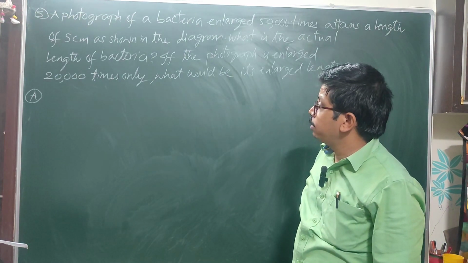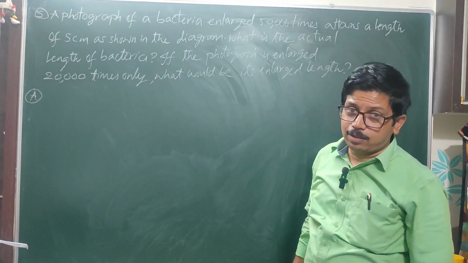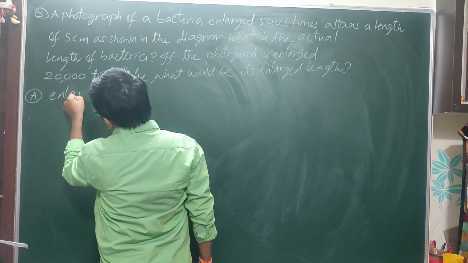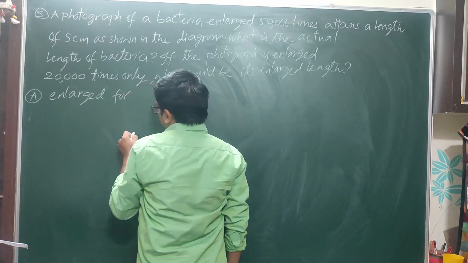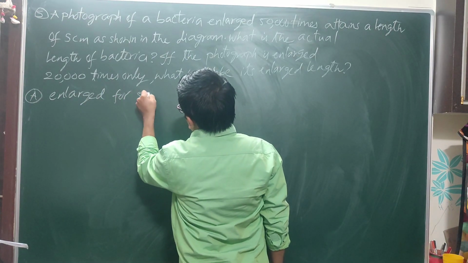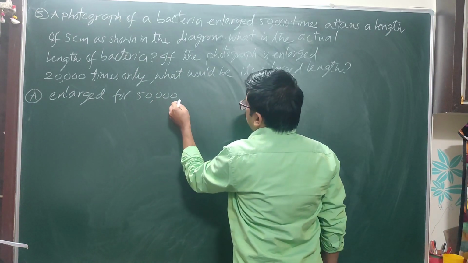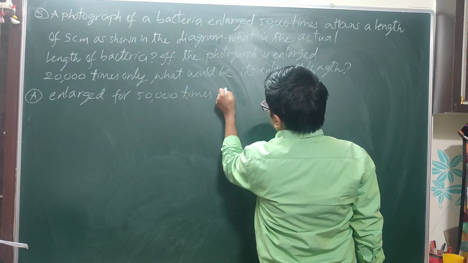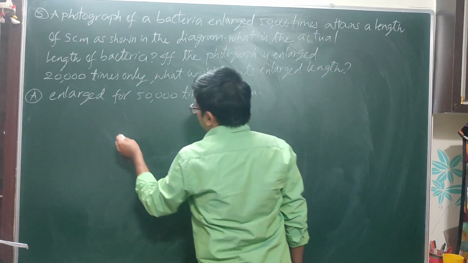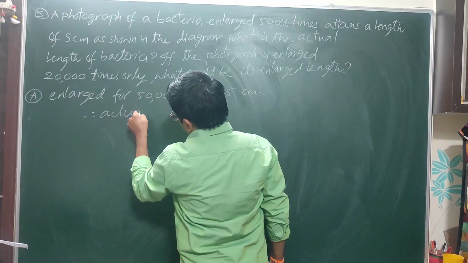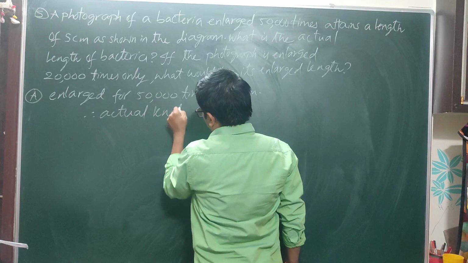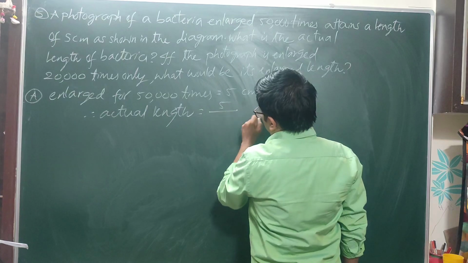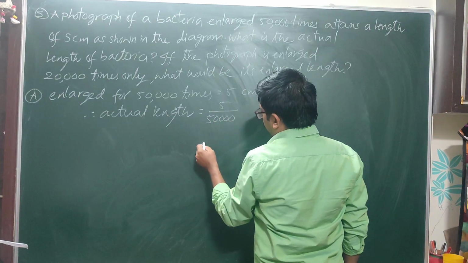So the first question is to find its actual length. Enlarged for 50,000 times equal to 5 centimeters. Therefore, actual length equal to 5 by 50,000.